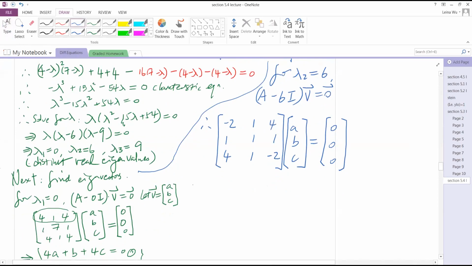Okay. All right, so that will give us negative 2A plus B plus 4C equals 0. A plus B plus C equals 0. And 4A plus B minus 2C equals 0. Right, guys?